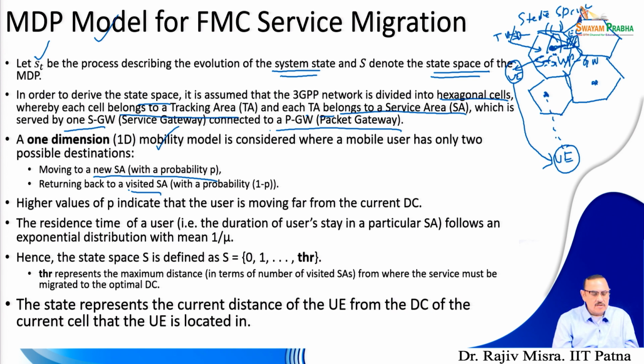Moving to a new service area is with probability p, and going back is with probability 1 minus p.